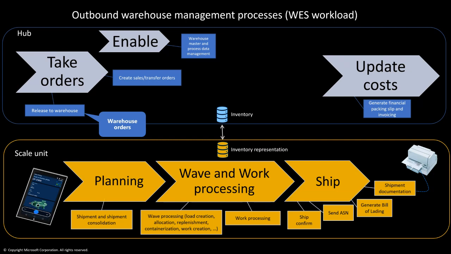So you can go pick that work that gets created, and then you can ship it. And included in those shipping operations, you can also post ship confirmations, send ASNs, and generate any of those various different shipping documents. And then again, same thing at the end of this process, automatic synchronization occurs so that you can do final costing updates and postings for packing slips, invoices, etc., against those orders.